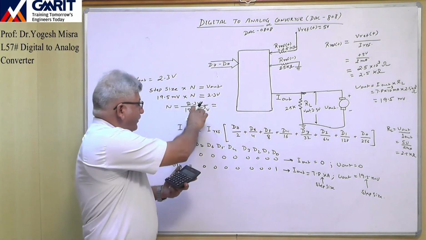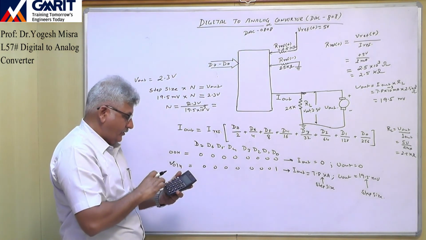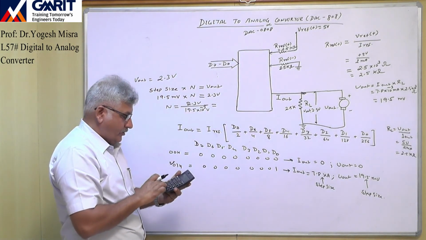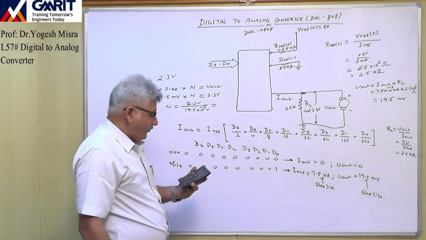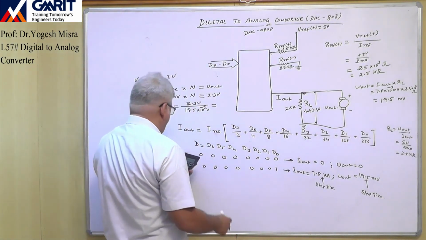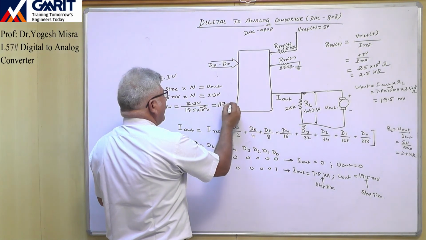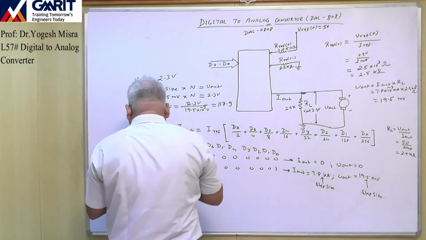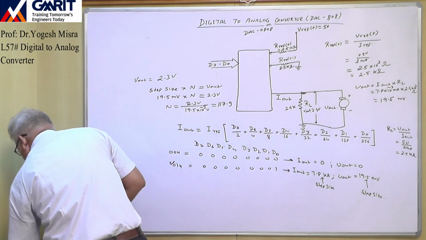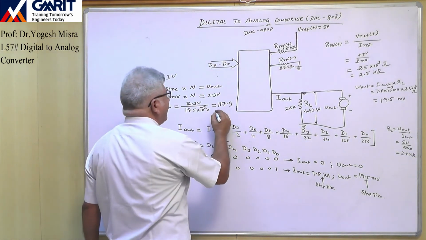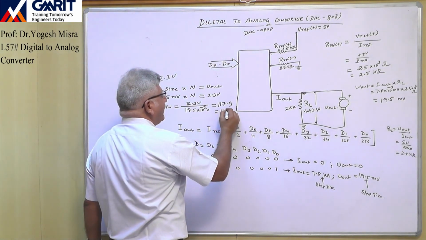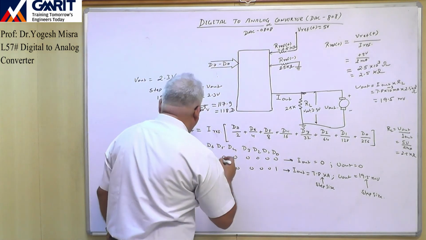multiplied by 1000, okay, 117.9. So this is giving me a value of 117.9. I convert it to a round figure, so I will get here 118 in decimal.